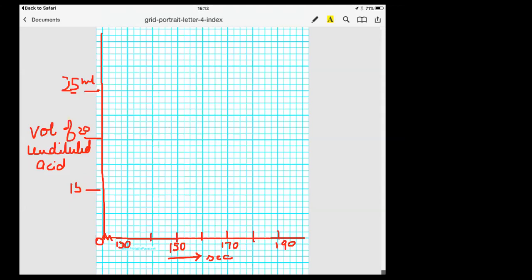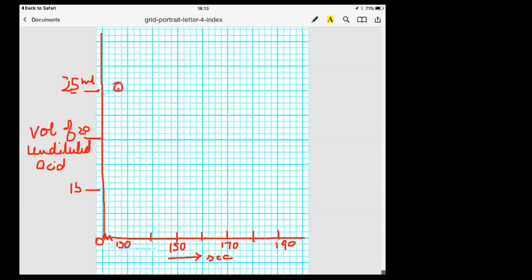Now, let us plot what we have done so far. In the first reading, we are taking it as 120 seconds, I'm presuming, because I started from 120, so 126 will be somewhere here.